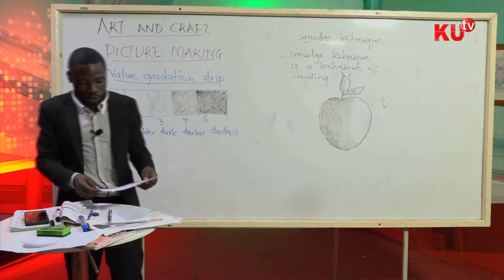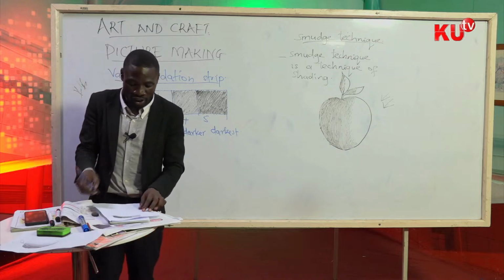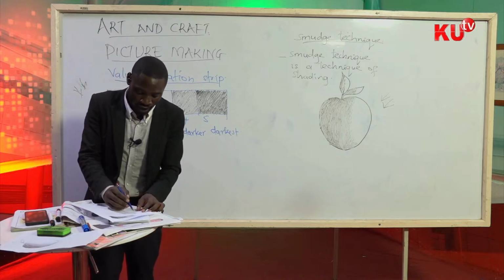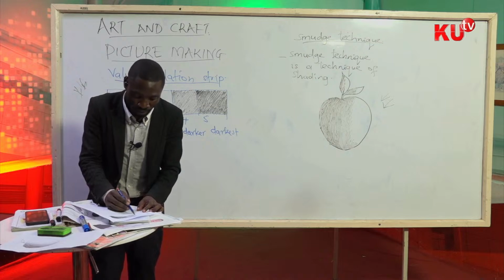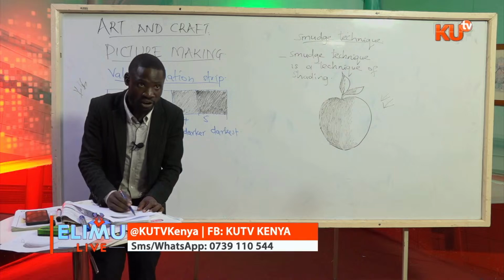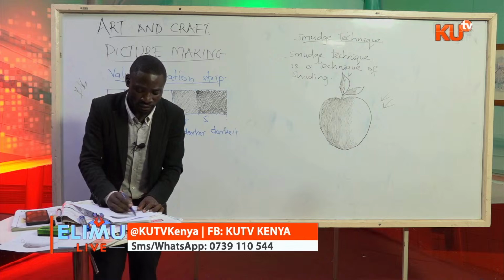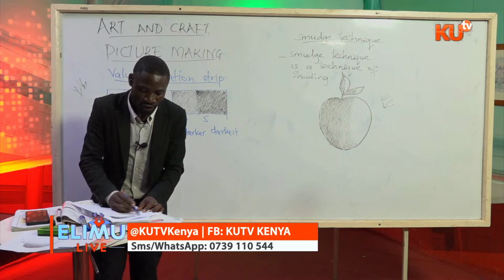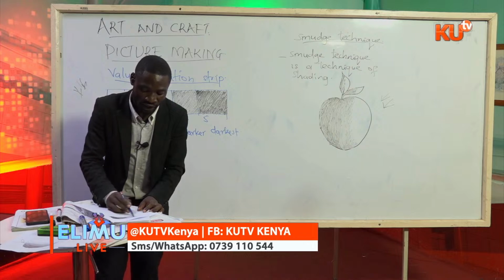We are going to the next one, that is now box number 2. Box number 2, we will slightly shade it. As we shade, remember that we are moving towards the lighter side.